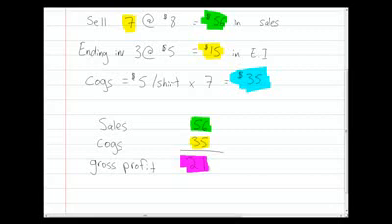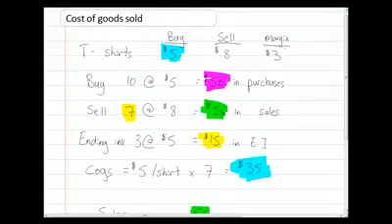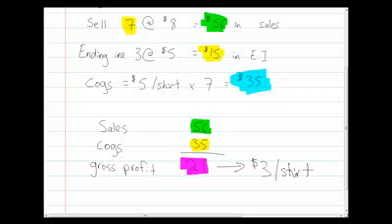Another way we could calculate that $21: we determined at the beginning that we were making $3 off of each shirt we sold. So I could multiply that $3 by the number of t-shirts which I sold, which was 7, and that leaves us with $21, which is the same number here.